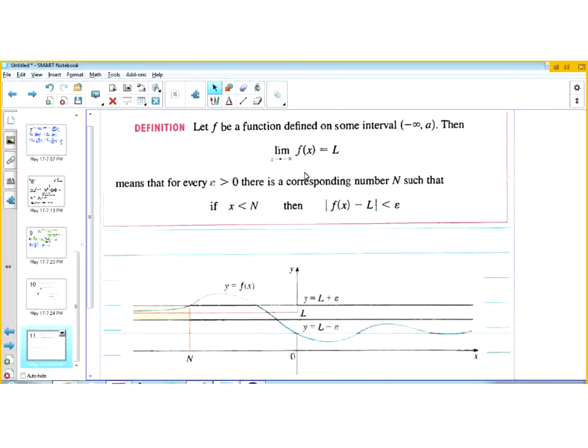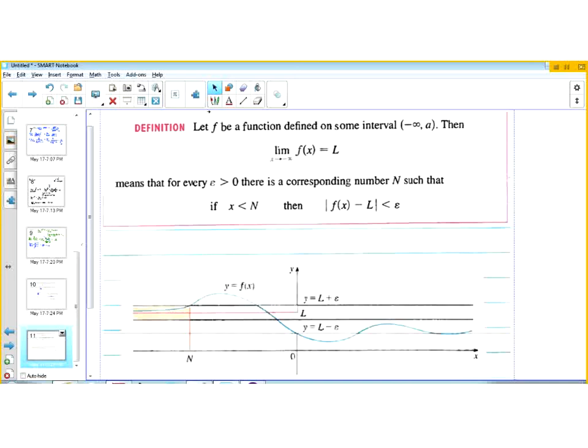All right, so now x approaches minus infinity of a function equaling a number. Clearly the function has to be defined for large negative values of x, or in other words, as x approaches negative infinity, the function has to be defined.